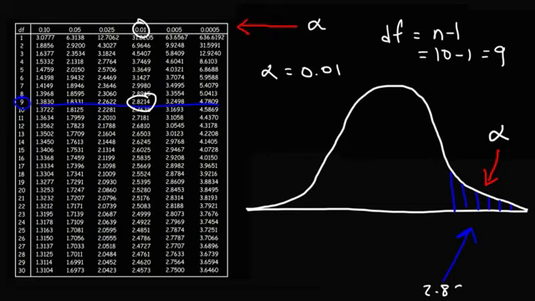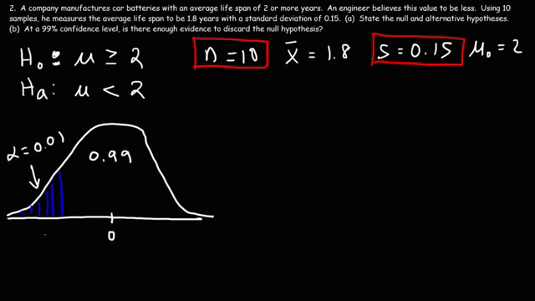Now, it's positive 2.82 on the right, but it's negative 2.82 on the left. For the particular problem that we're dealing with, the area under the curve was shaded on the left side. So we're going to use negative 2.82 as our t-value. So we have a critical t-value of negative 2.82.